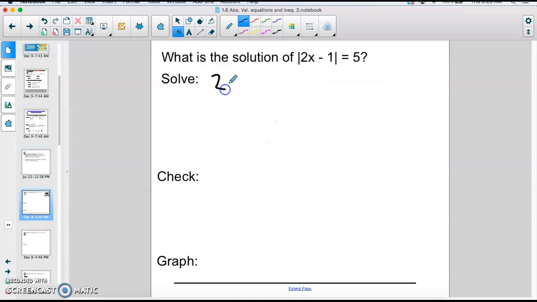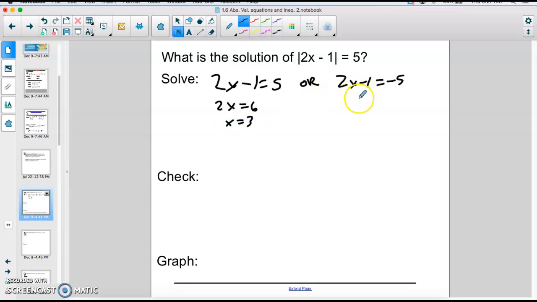Okay. So here we go. Remember, we're going to treat it like an OR problem. So 2x minus 1 equals 5, or 2x minus 1 equals -5. Okay, so we add 1, we get 2x equals 6. We divide by 2, we get x equals 3.